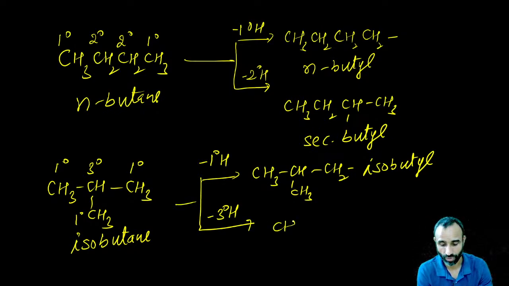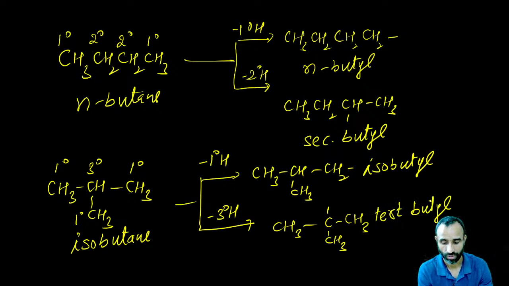If we remove tertiary, we get tertiary butyl. There are only four alkyl groups. From normal butane, we get normal butyl and secondary butyl. From isobutane, we get isobutyl and tertiary butyl. Okay.